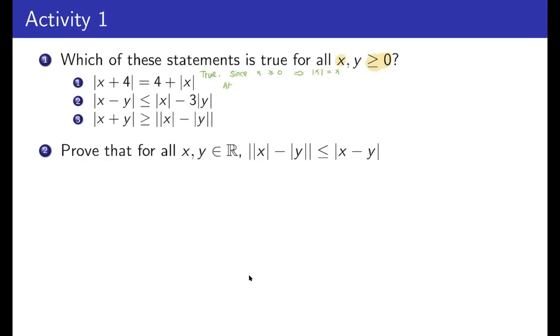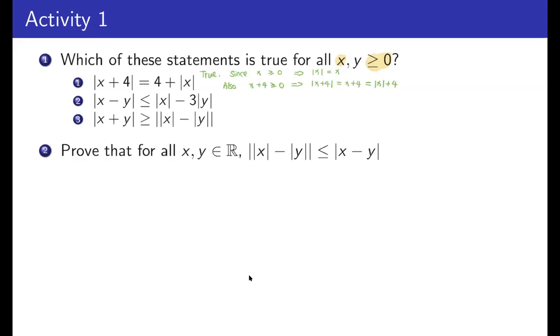Also, x plus 4 would also be greater than or equal to 0, which makes the absolute value of x plus 4 equal to x plus 4 itself. And we know that x equals the absolute value of x, which makes it equal to the absolute value of x plus 4. So that's a really short proof.